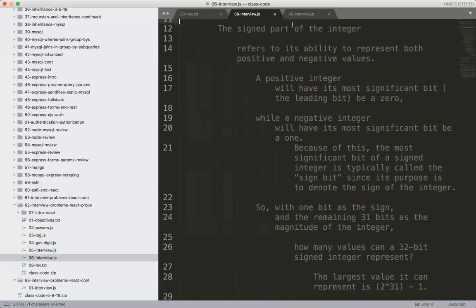Now, the signed part of the integer means that it can be both positive and negative. The range for how big or how small this number can be includes positive and negative. If it was unsigned, it can only be positive. Some languages, especially in blockchain, have specific data types called UINTs, where they can only be positive numbers.